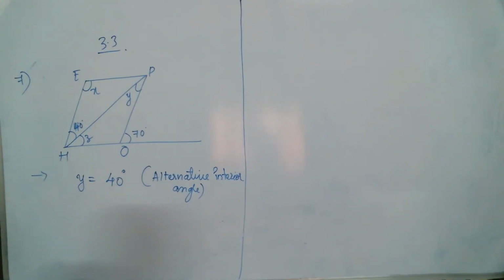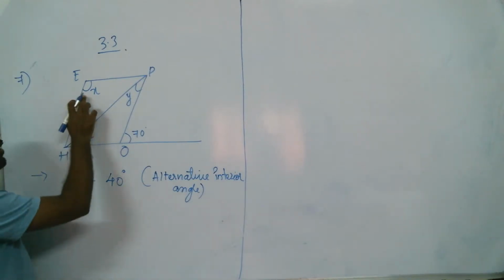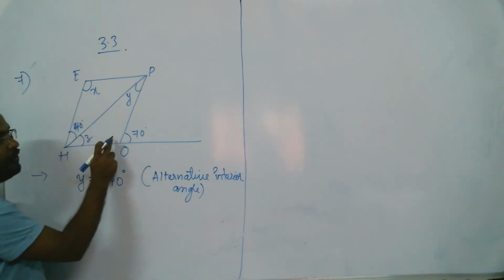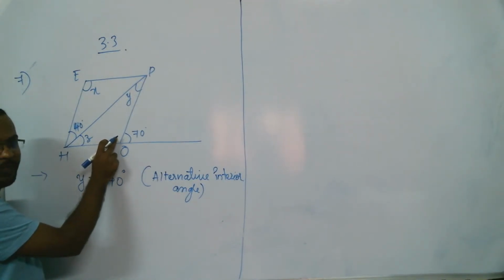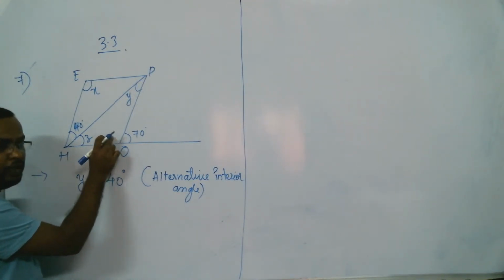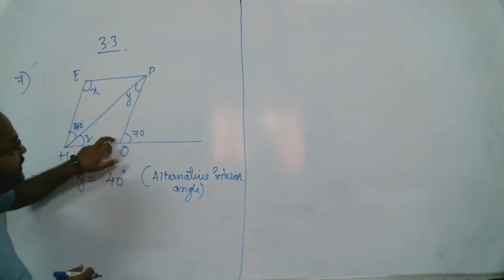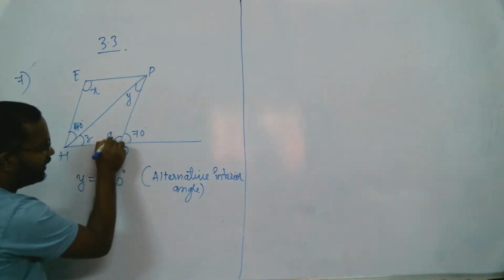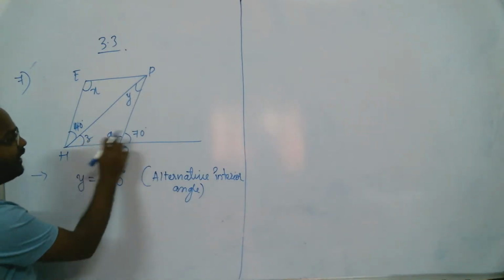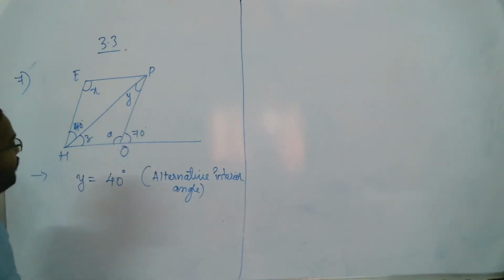Next, which angle are you going to find now? If you want to find the value of x, then you should know this angle. Do we know this angle? No, we don't know. Then find this angle. Let us take it as A. Z you cannot find yet.